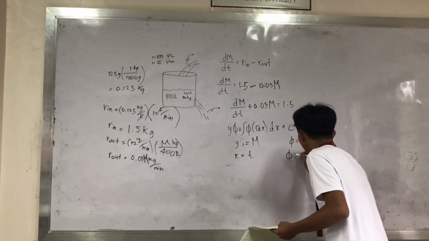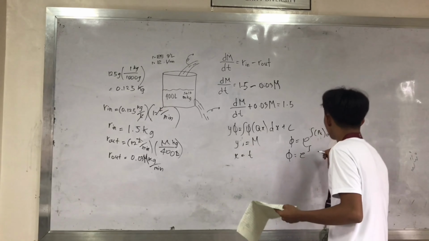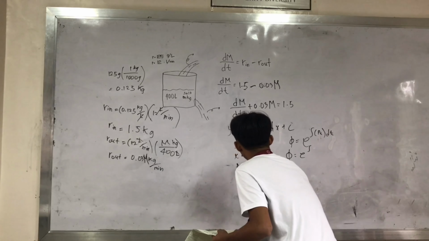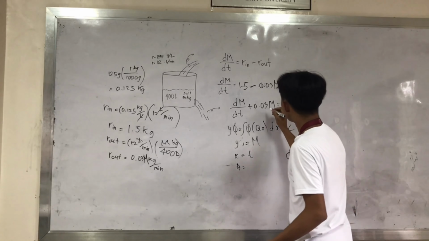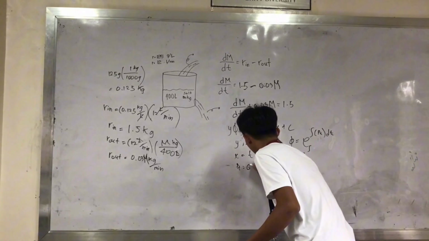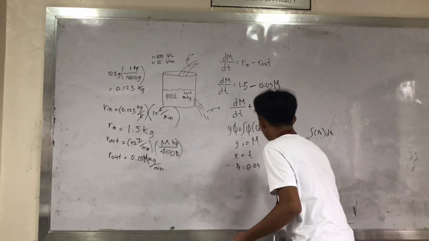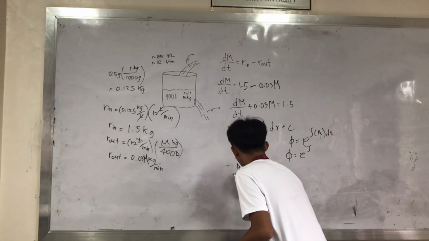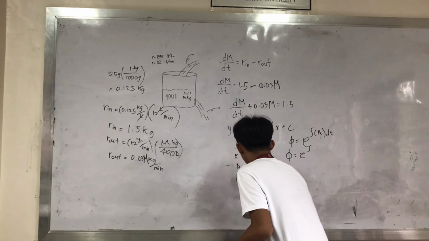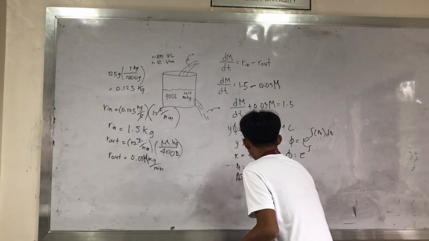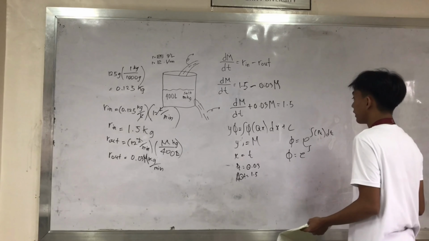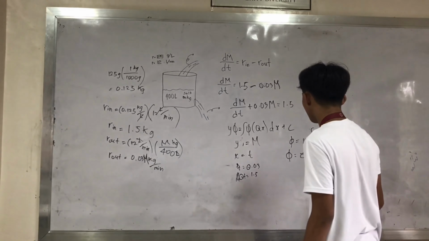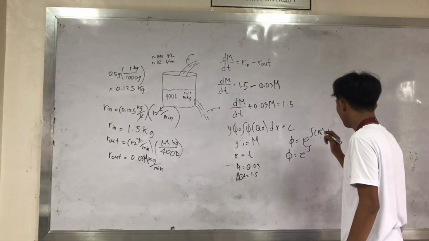You get the phi as e raised to the integral of P(t). The P(t) will be 0.03, and the Q(t) is 1.5. So we will put them in the formula for the first order linear DE.